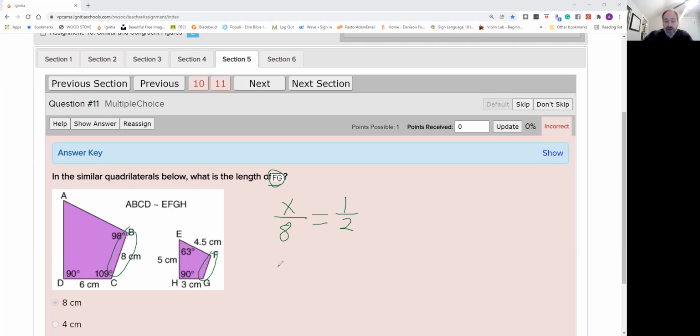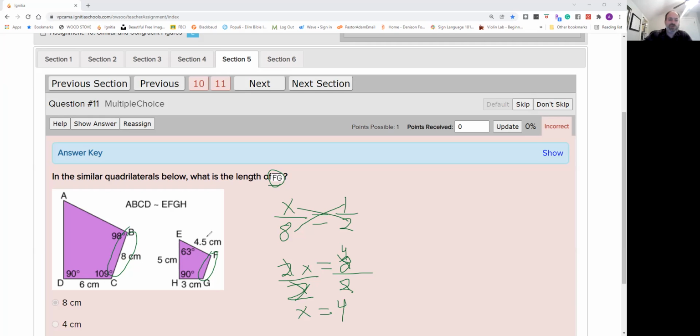Well, again, we just solved for X. So we've got 2X, because we're going to cross multiply, right? 2 times X is 2X. 1 times 8 is 8. And we're going to divide both sides by the coefficient of X. So now we know that 2 goes into 8, 4 times. X equals 4.